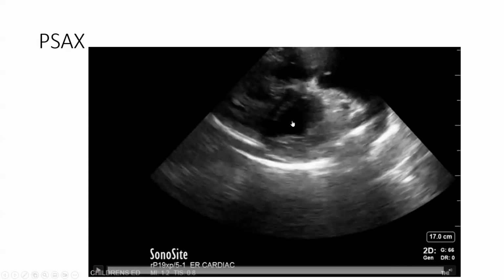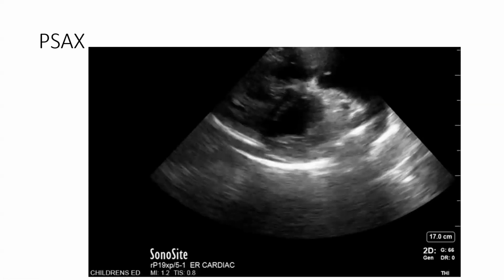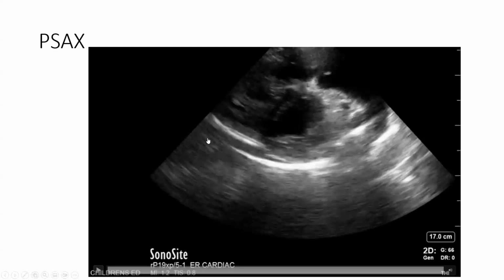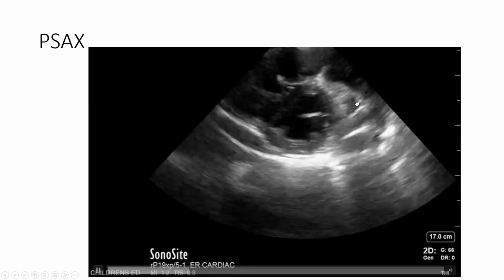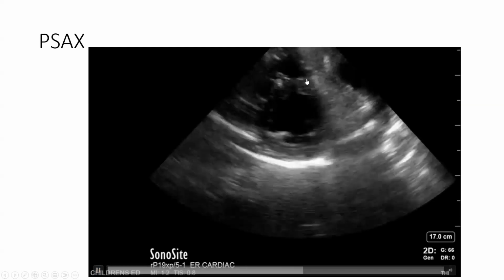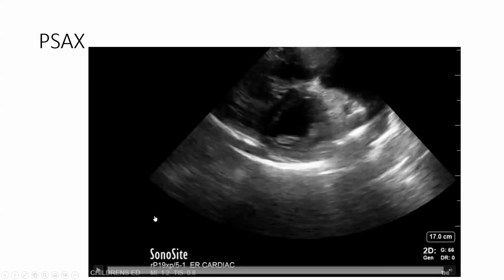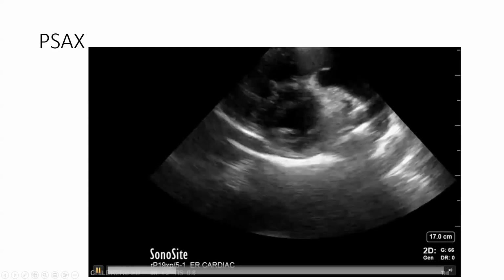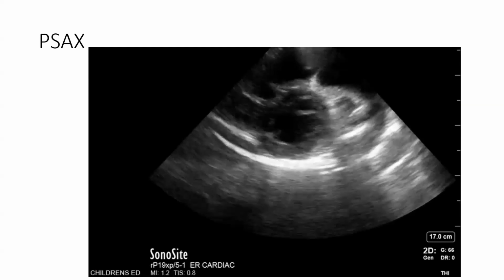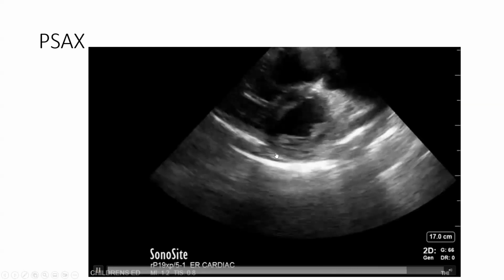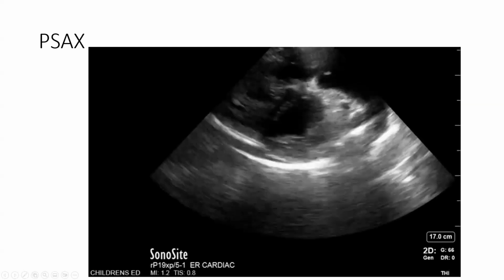So we've done 2 parasternal views. Based on those, we've got some right ventricular dilation and some evidence of right ventricular hypertension. It's hard to say much about RV dilation here. Maybe that chamber looks a little large, but this is not the view to give you the best assessment of the volume of the right ventricle.